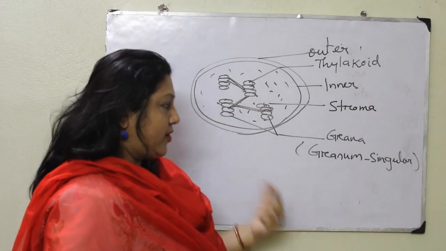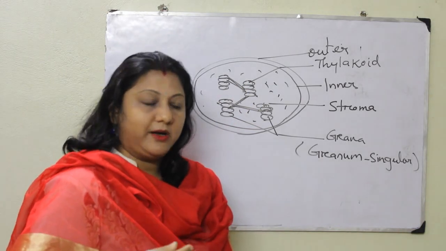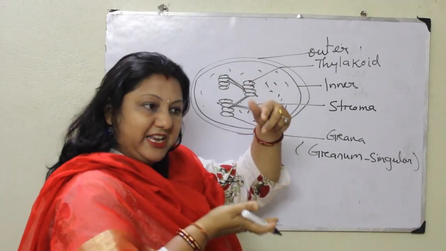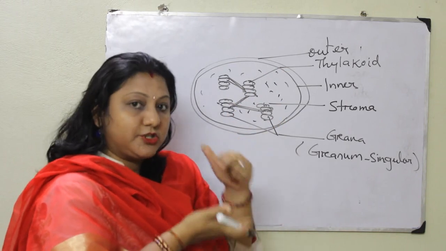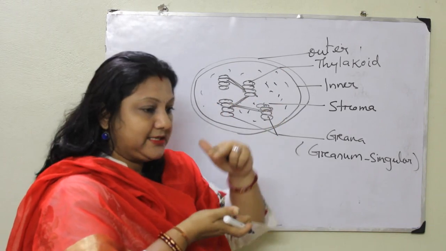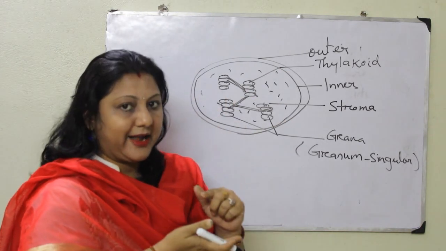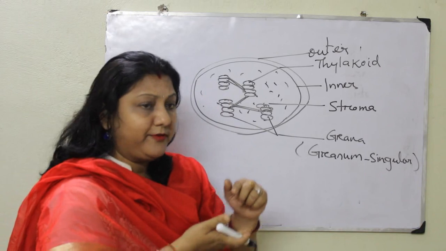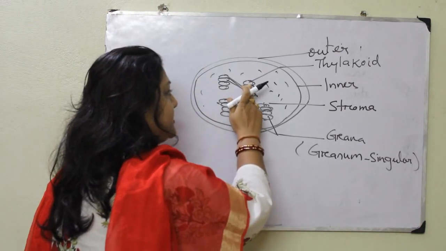Now when we talk about each granum, a single granum is made up of many thylakoids stacked together. When they are stacked together, that combined structure is called granum. Granum is made up of a stack of thylakoids, these disc shaped structures.